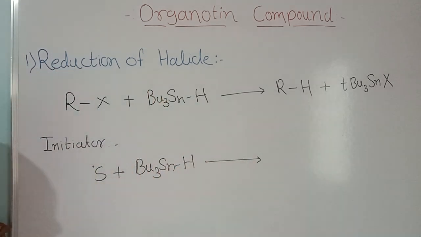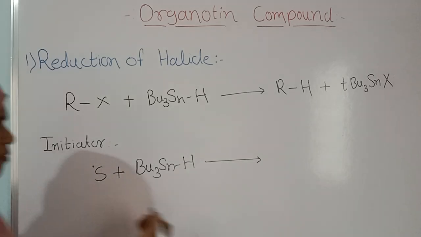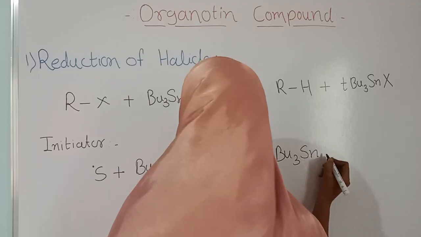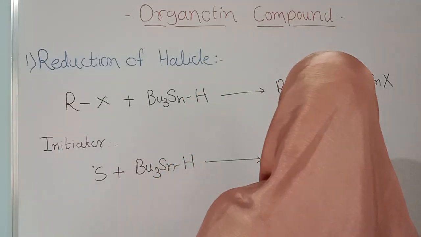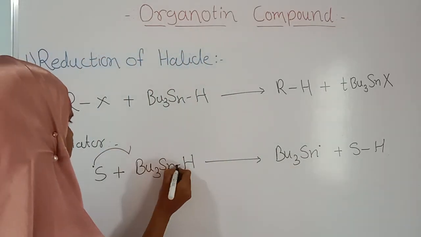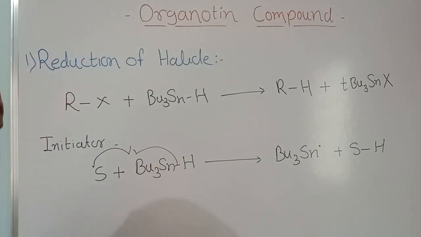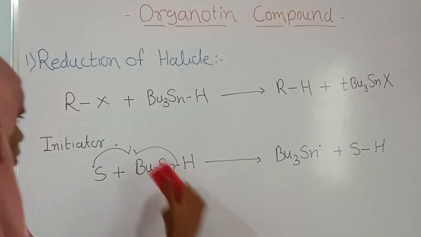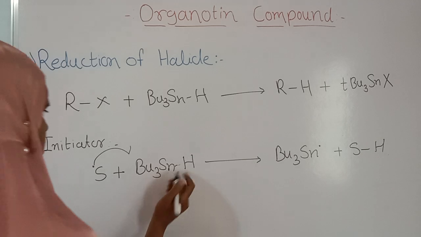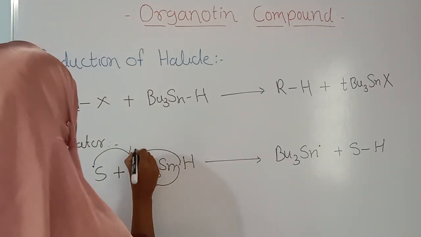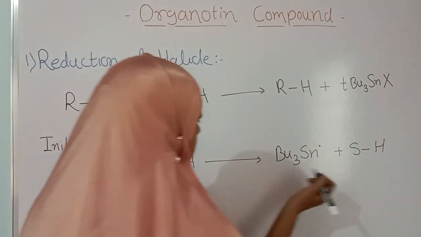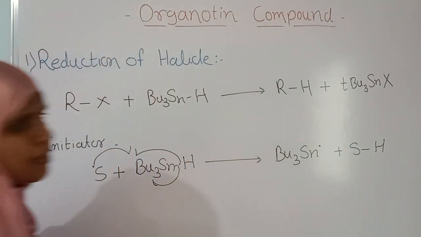Then we get tributyl tin radical plus SH. In this, a bond is formed between hydrogen and sulfur, and the tributyl tin radical will be formed.